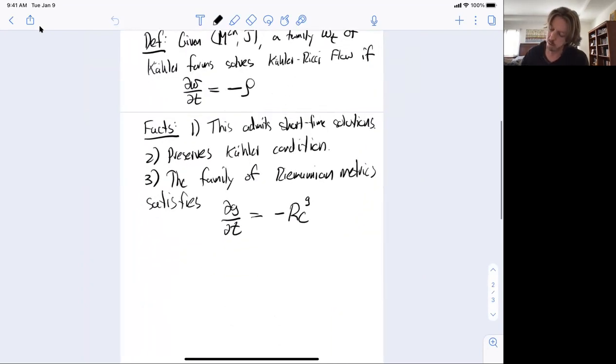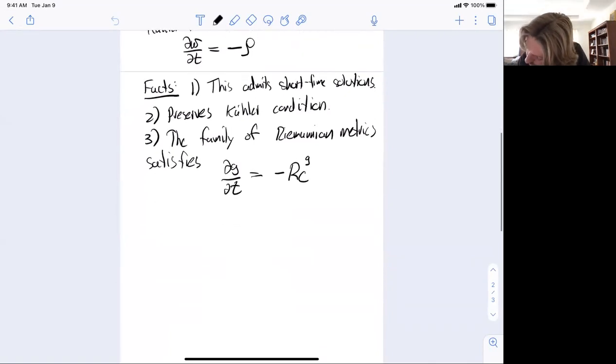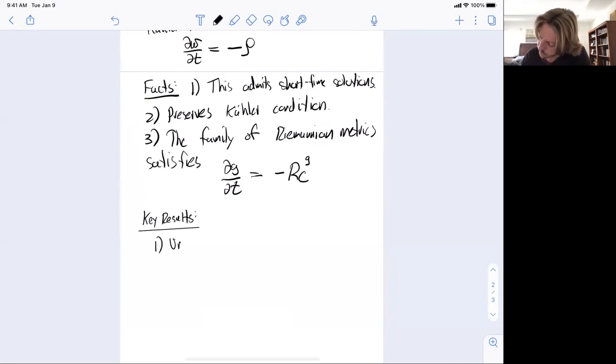Okay, so what sort of theorems do people try to prove with this? I just want to mention a few key results. First, you can give a complete proof of uniformization of Riemann surfaces.